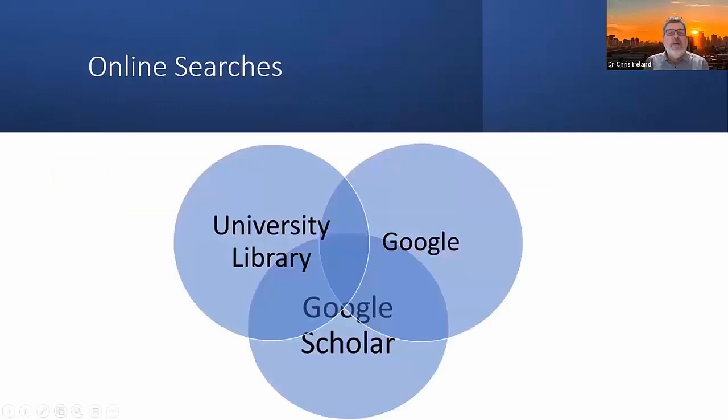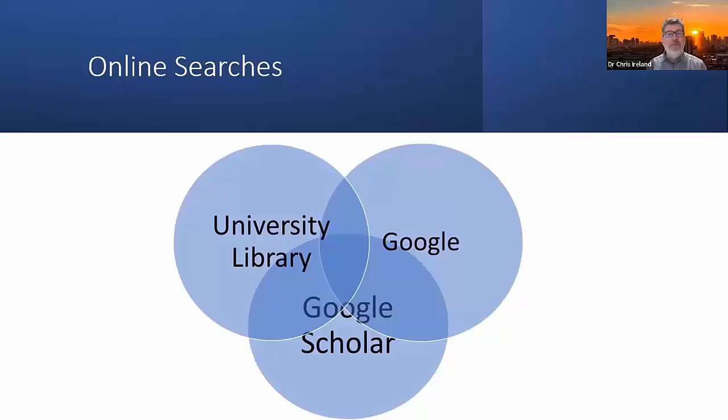What I'm going to talk about are doing your online searches to do the reading that Jill's spoken about. And the three areas that probably you might be familiar with: your university library, Google Scholar. I'd say probably this is where most of the research goes on.